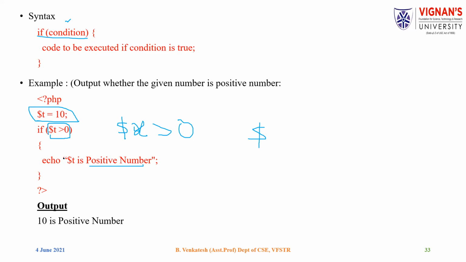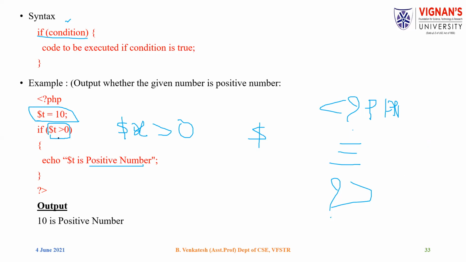If you observe here, we are writing the PHP code inside the tag, less than symbol, question mark, php, in small letters. Then we have to close this. Whatever code we are going to do, we write inside this PHP tag.